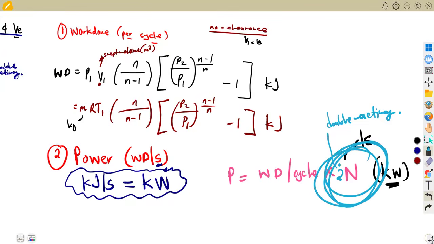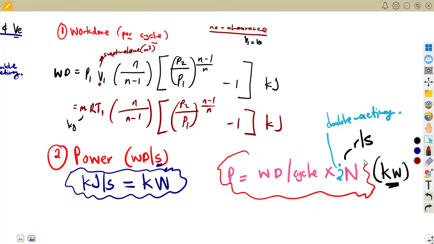Okay, guys, let's do this. Why are we complicating this at the end? If I understand this, I can use this. If I am given power and I want to calculate work done per cycle, I simply divide by N. But for a double acting, I divide by 2N.